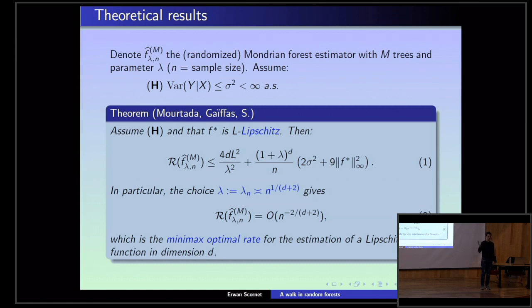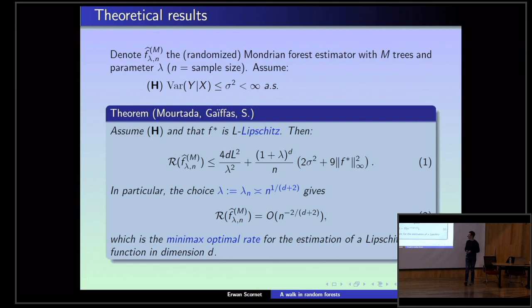So this procedure belongs to the class of optimal procedures for Lipschitz functions. This was the first result for optimality of random forest. Before this result, we did not know that random forest could be optimal for Lipschitz functions.